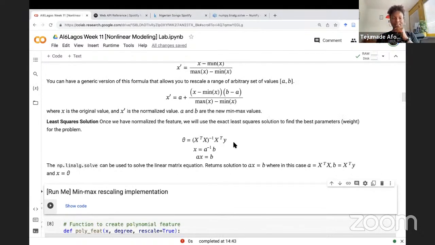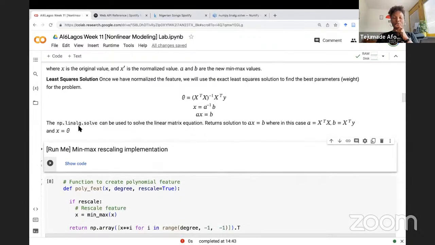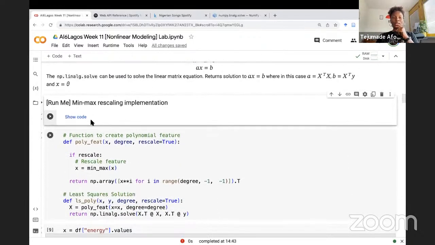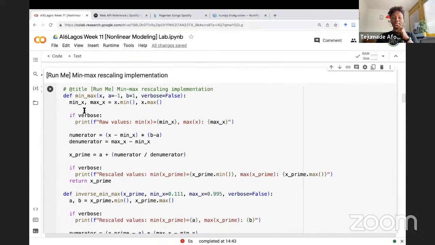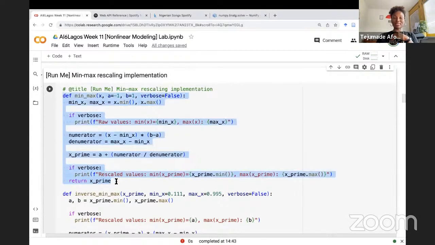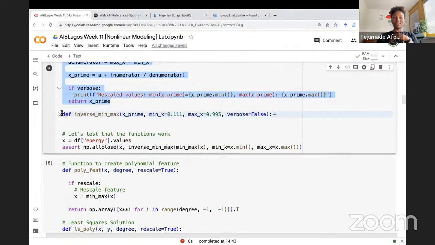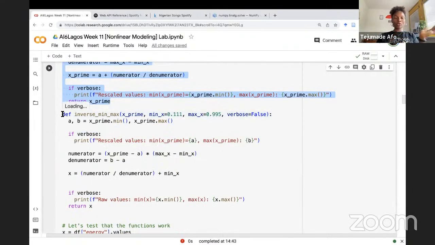Then it makes sense. I already explained this earlier to you about the linear solver, and this code here does the min max rescaling implementation, where I also did the reverse implementation, so that we can go from x to x prime and x prime to x.